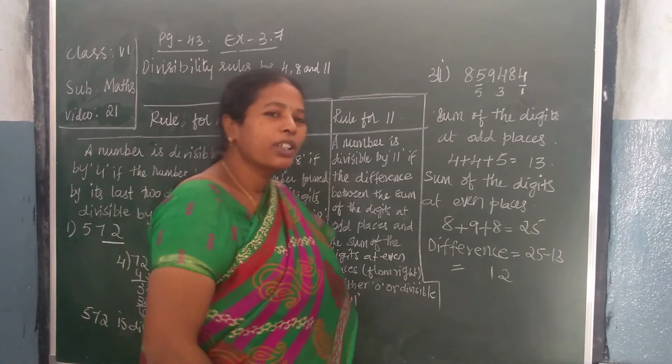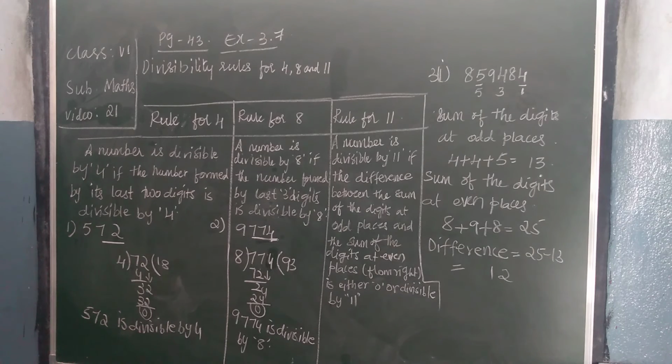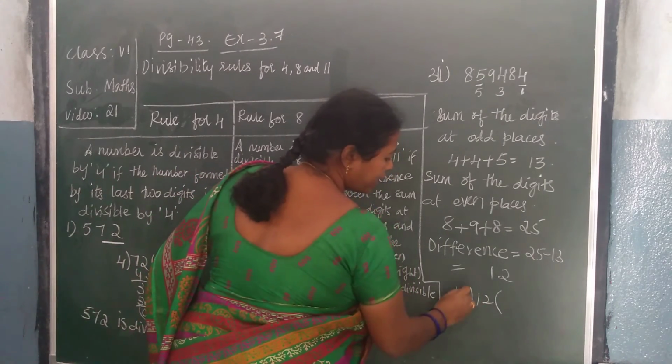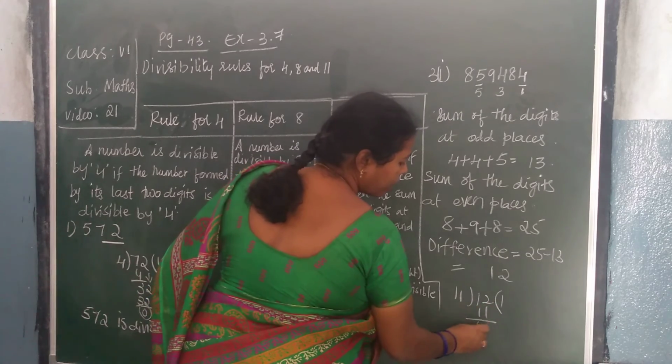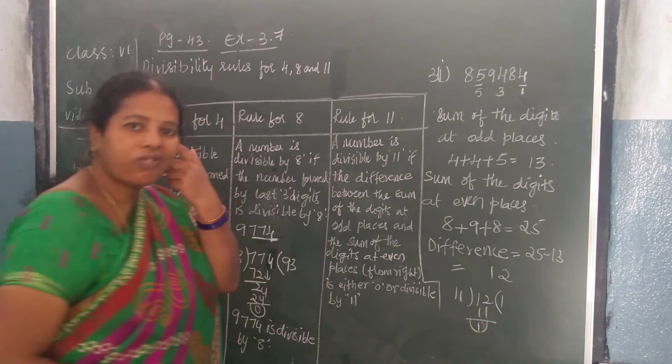Now 12. This 12 you have to divide by 11, children. Will 12 be exactly divisible by 11? No. The remainder is not 0. The remainder is 1.